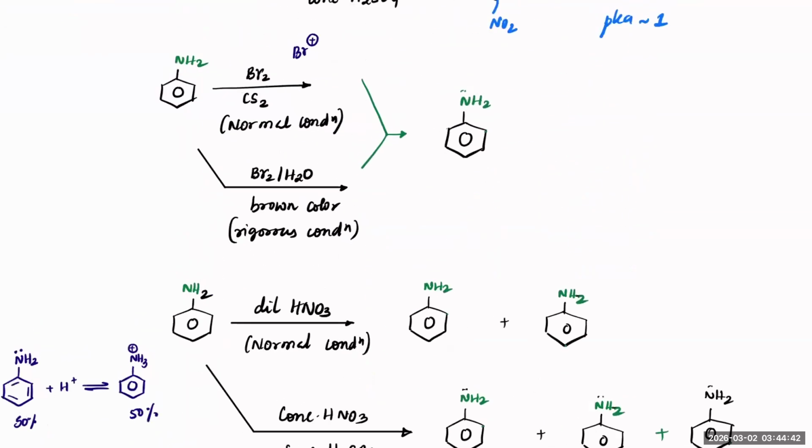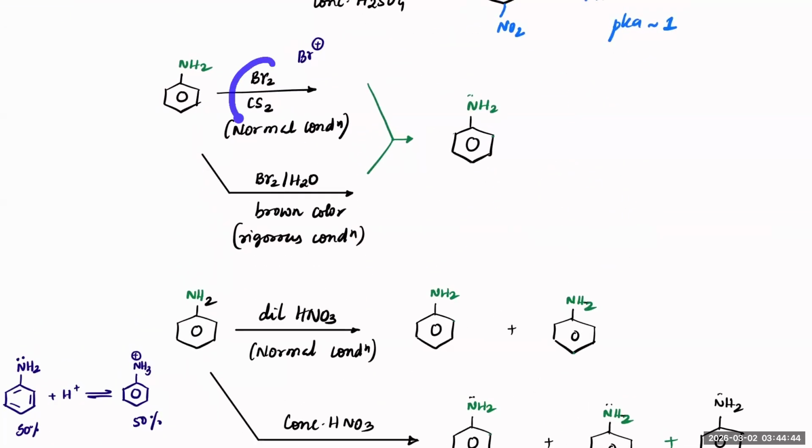Okay. Next. If you notice, when it comes to NH2, even though the bromine amount is very less here, in fact Br plus is not present, or the Br plus quantity is less, because CS2 is non-polar. In non-polar solvent, you will not see bromine getting dissociated.